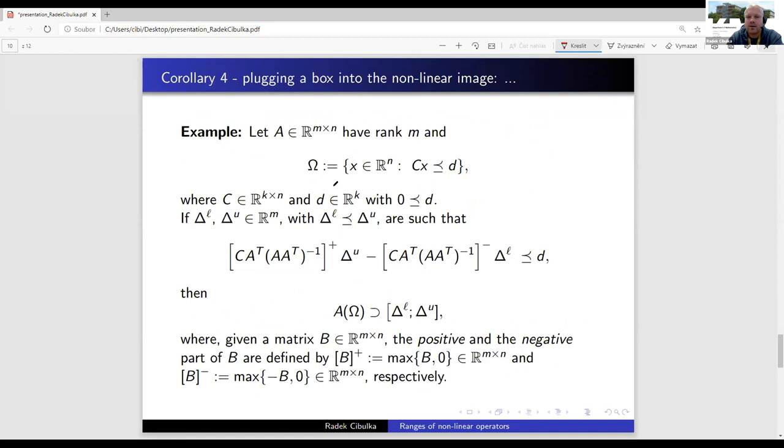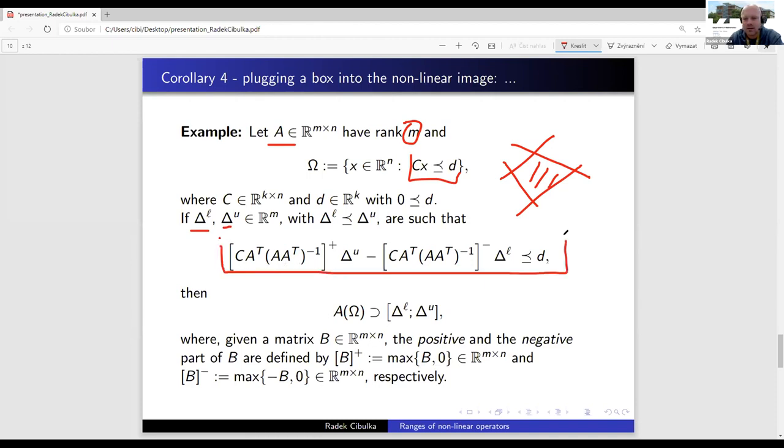So for example, if your omega is a bounded polyhedron, you can represent it in this way, and you have some matrix which is full rank, then if you find these deltas in such a way that this inequality is satisfied, then you are sure that this box is inside the linear image of my polyhedron or polytope, if you want.